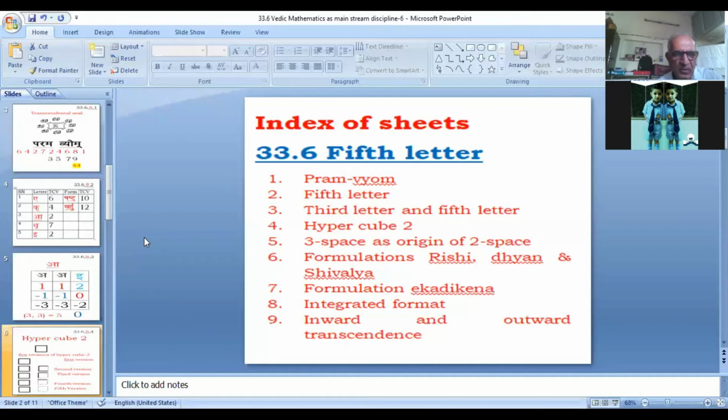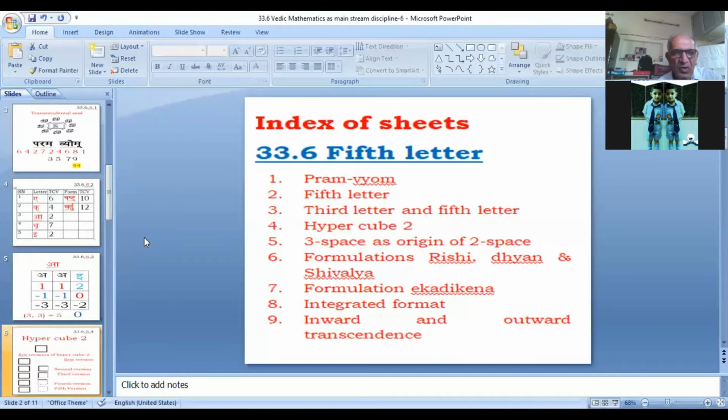2. The fourth phase will be the format of hypercube 2, the square. The hypercube 2 as a 2-space body has its specific role with respect to the features of the fifth letter.